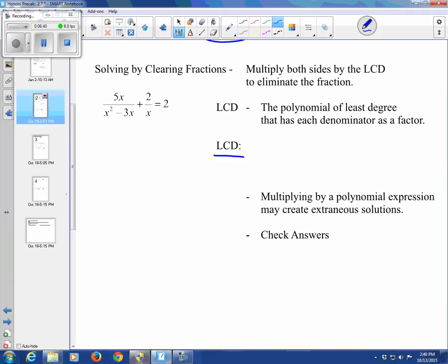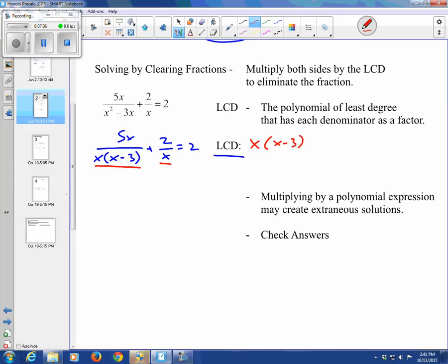So in order to find my least common denominator here, the first thing I'm going to do is factor all my denominators. So right here I'm going to have 5x over x times x minus 3, plus 2 over x equals 2. Now my least common denominator is going to be the smallest polynomial that has x and x times x minus 3 as factors, and that would be x times x minus 3.